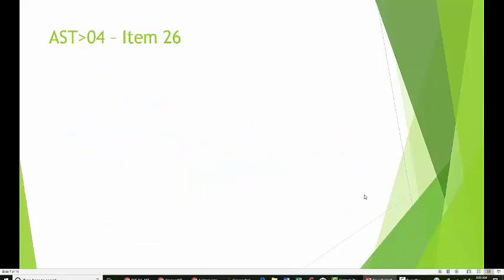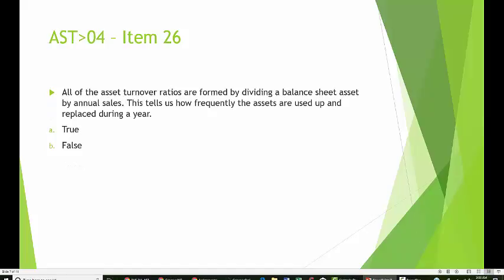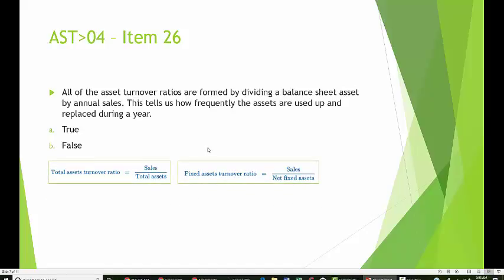Item 26. All of the asset turnover ratios are formed by dividing a balance sheet asset by annual sales. This tells us how frequently the assets are used up and replaced during the year. Okay, so let's take a look at what the asset turnover ratios are.